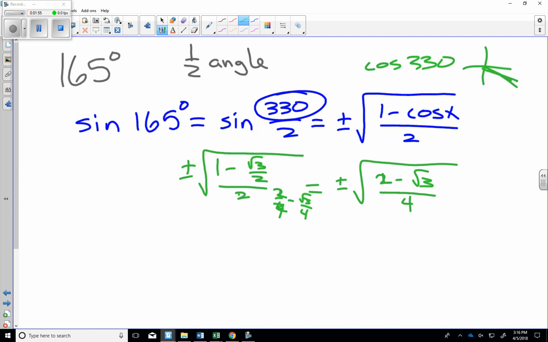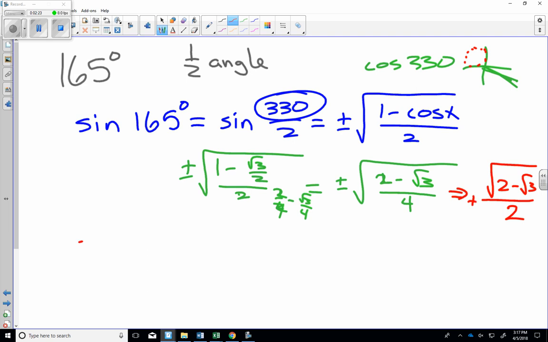So then we can take the square root of the denominator, and so then that turns into the square root of 2 minus the square root of 3 all over 2. Now 165 degrees is in this quadrant, and therefore sine is positive, so we would use the positive sign here.